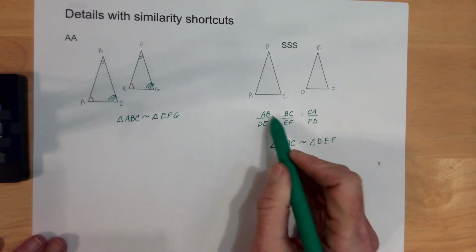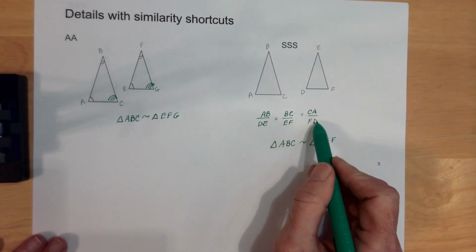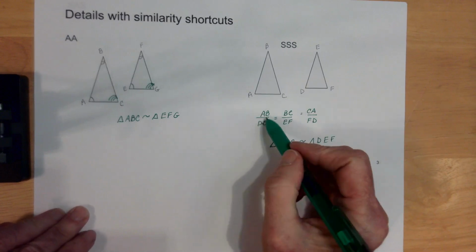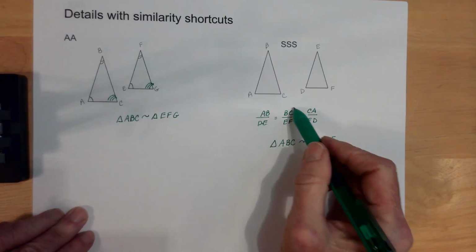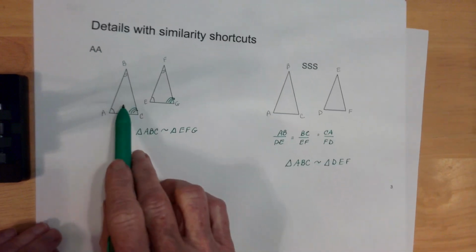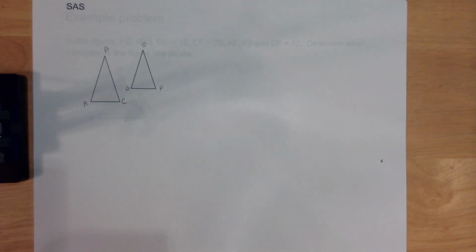Now that's like if this was a 1 to 2, this one would have to be a 1 to 2, and that one would have to be a 1 to 2. Or whatever the fraction or the decimal value of this is, it would also have to be that. So you have angle, angle, and side, side, side. These are similarity shortcuts, not congruency shortcuts.